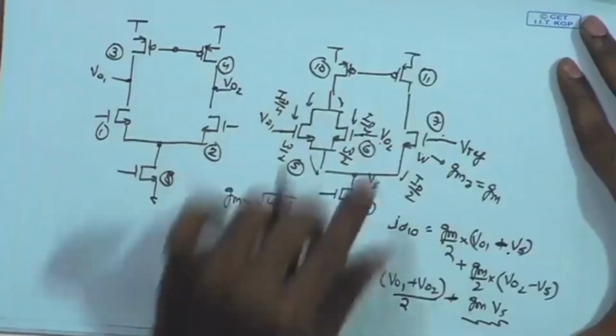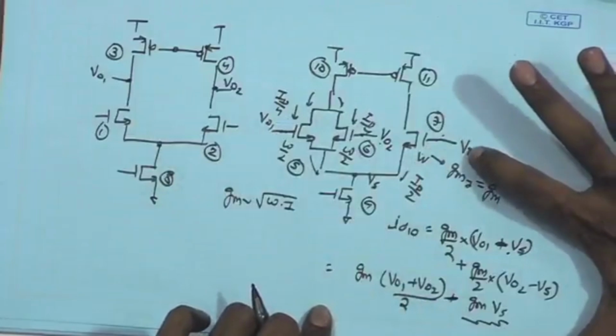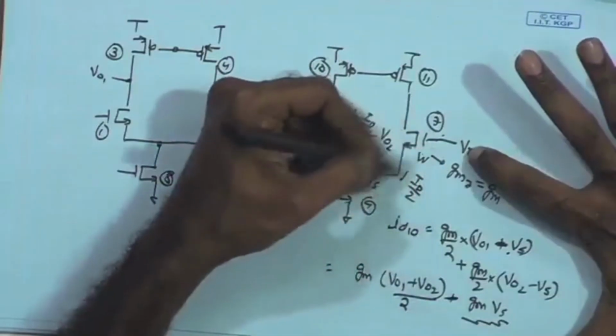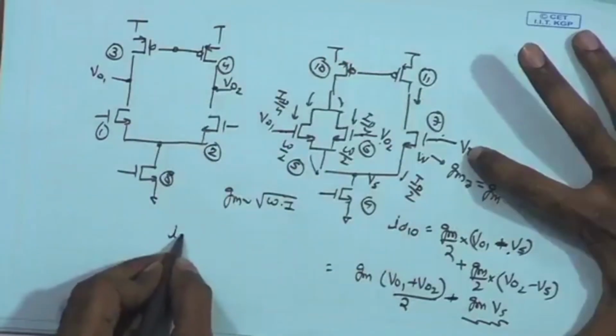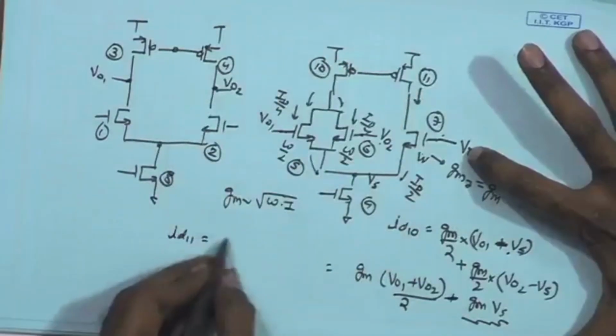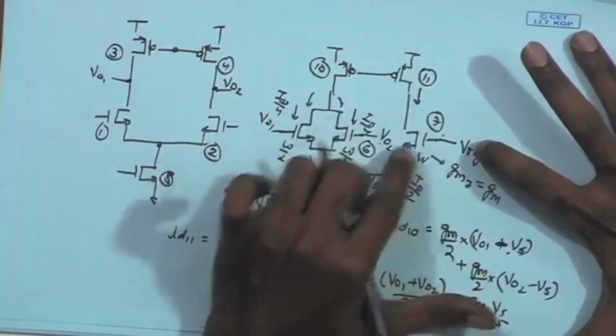Likewise, on the other side, this is Vref, which is a constant DC, so there is no AC signal over here. What is the small signal current for ID11? It is going to be GM times VGS.